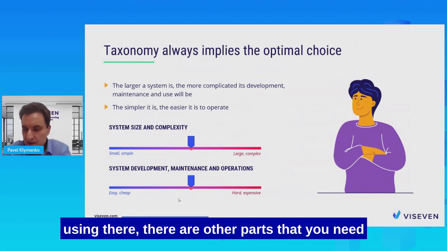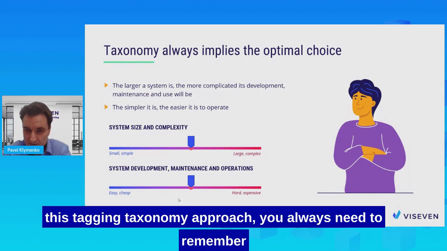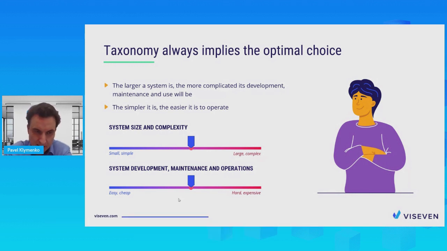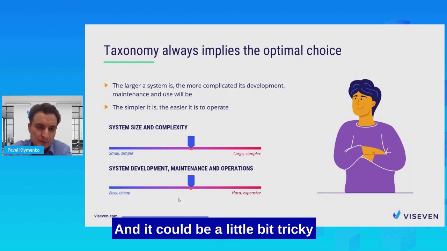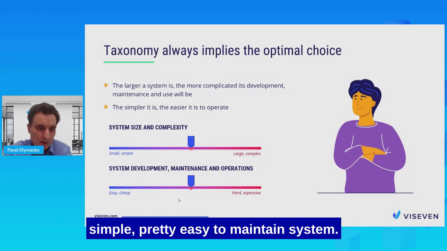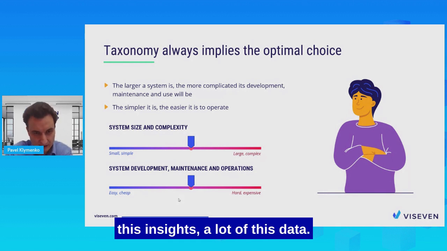The other part that you need to take into account when you're creating this tag and taxonomy approach is that you always need to remember about complexity. It could be a little bit tricky, because from one standpoint, you can create a pretty simple, easy to maintain system, but you will not get a lot of insights, a lot of data.